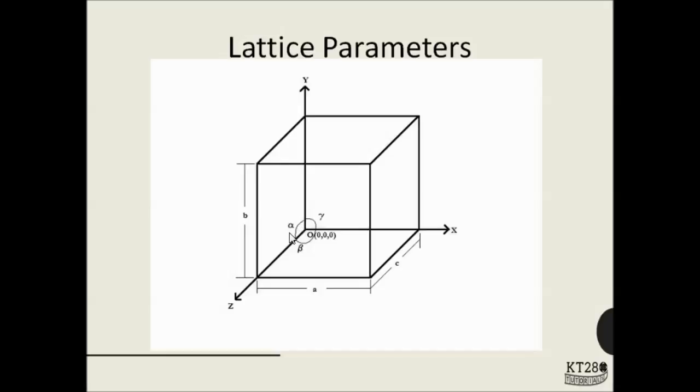They can be inclined at different angles like alpha, beta and gamma as shown here. So these help in determining the shape of the unit cell, and these a, b, c combined with the angles alpha, beta, gamma are known as lattice parameters.